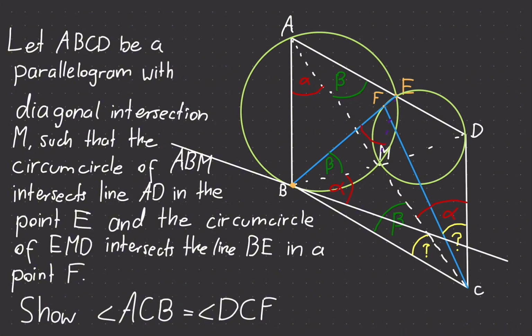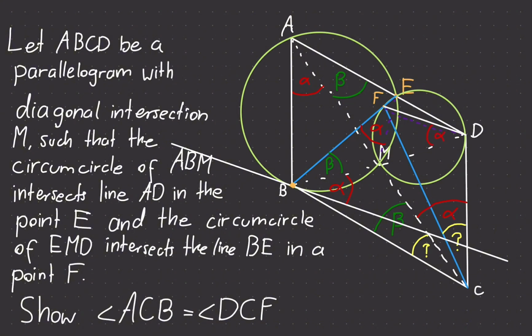But then immediately, because we have that FM is a chord of the small circle, we can again use the inscribed angle theorem, this time on the small circle, to show that this angle, FEM, which is just alpha, is the same as FDM here. So this will also be alpha. I'm going to draw this in white, the connection FD, because it's going to be important in a second.